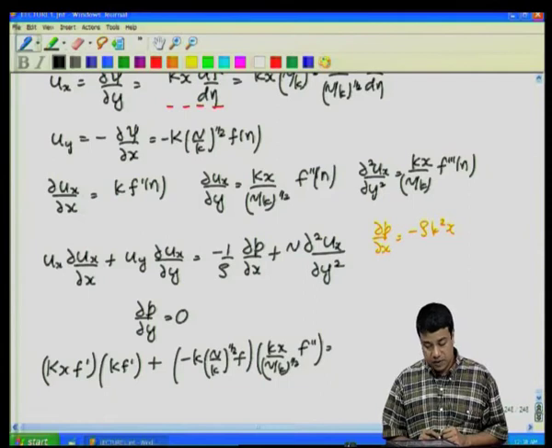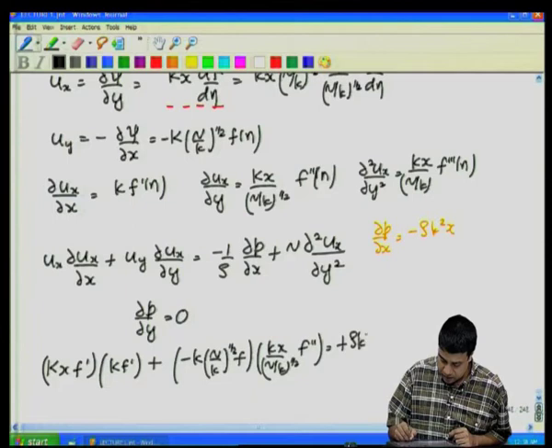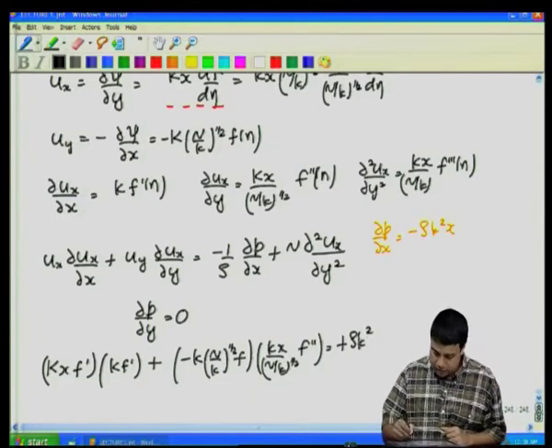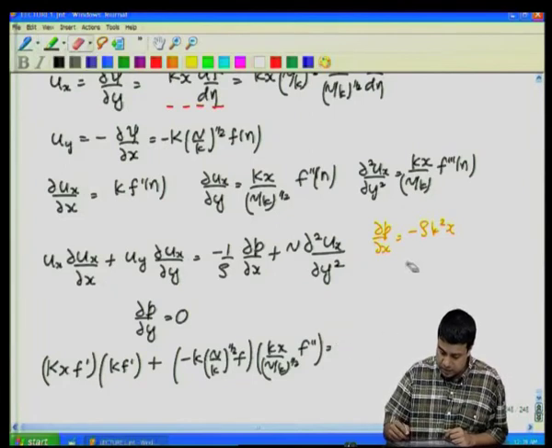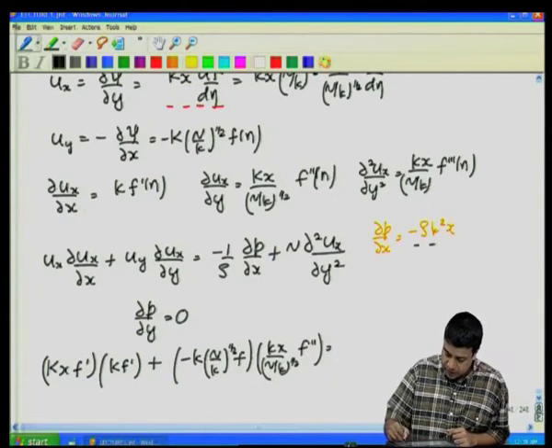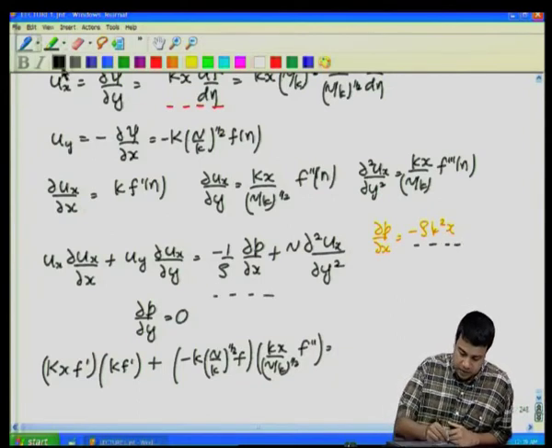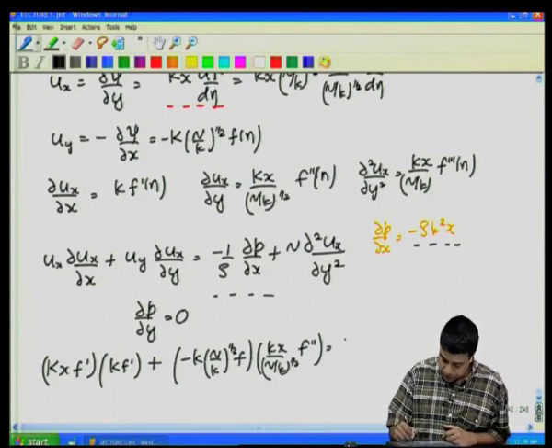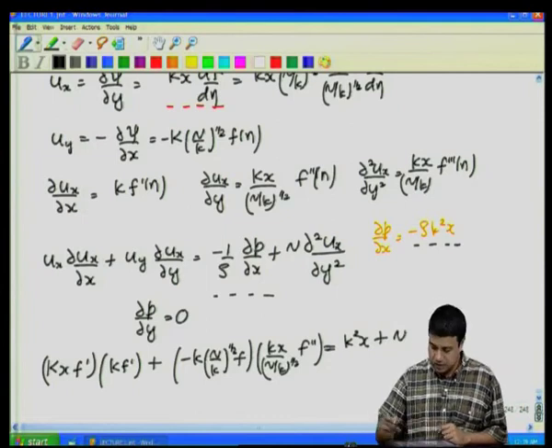Partial p by partial x is minus rho k square x. So, I just get plus k square x here, because I have partial p by partial x as minus rho k square x, and I have minus 1 by rho partial p by partial x here. So, that basically just gives me plus k square x, plus the kinematic viscosity into the second derivative.